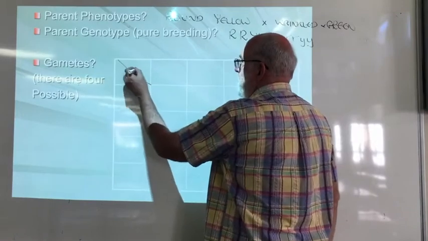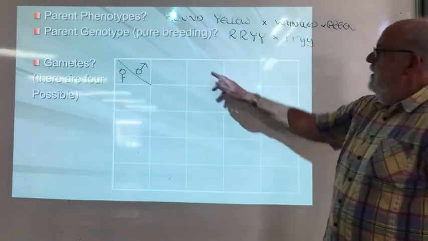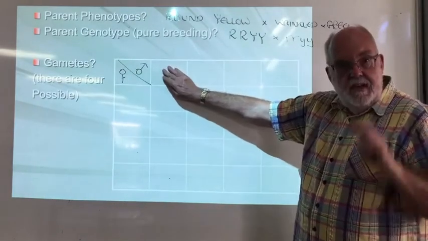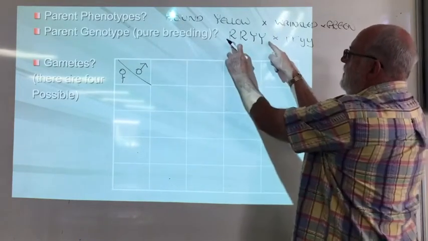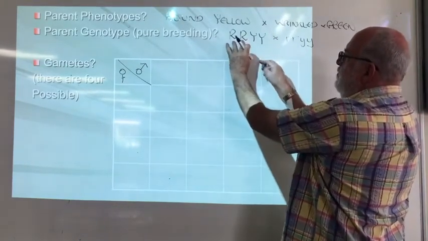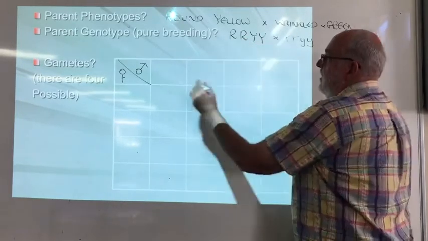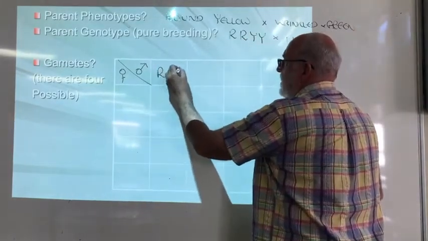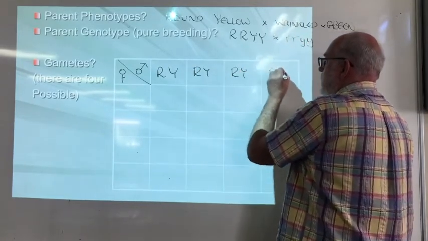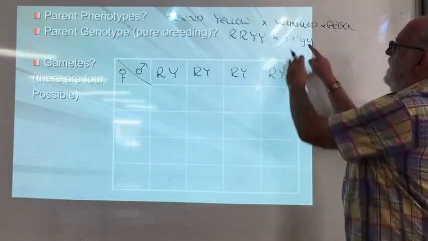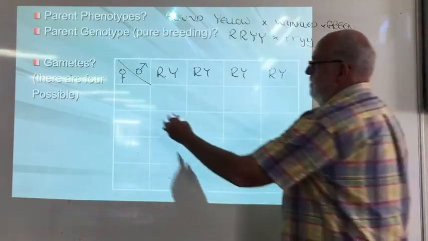Once again, we start in the usual way. Each gamete is going to have two alleles, one from each of the chromosomes. So here it's going to have a shape allele and a colour allele. Here again, each gamete is going to have a shape and a colour.